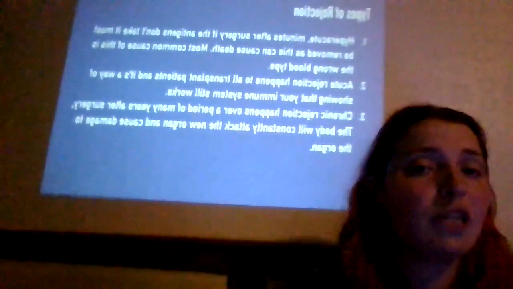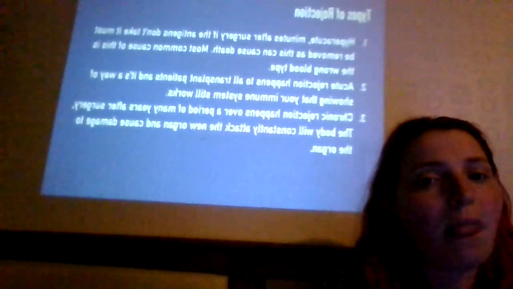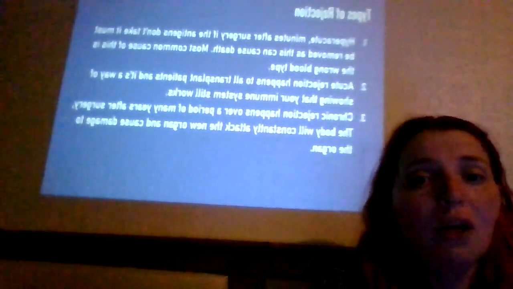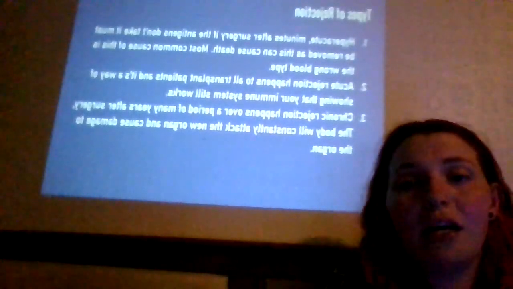Then you have acute rejection. Acute rejection happens to everybody, and it's basically a way to show that your immune system is still working. And then you have chronic rejection, which happens over a long period of time, and the body will constantly attack and cause damage to the organ.